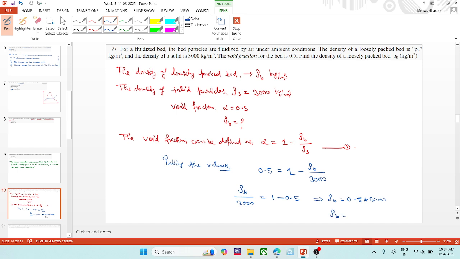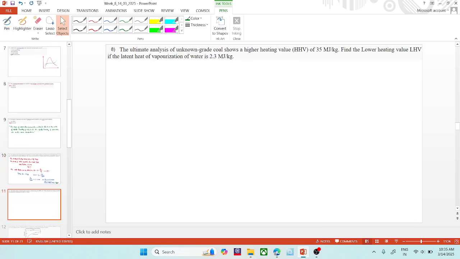So rho b will come out to be 1500 kg per meter cube. Okay, so the answer would be 1500 kg per meter cube. Let's move to the next problem.